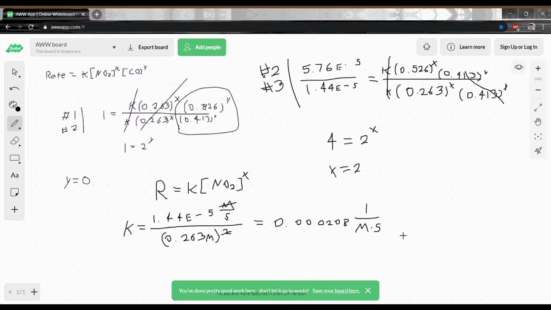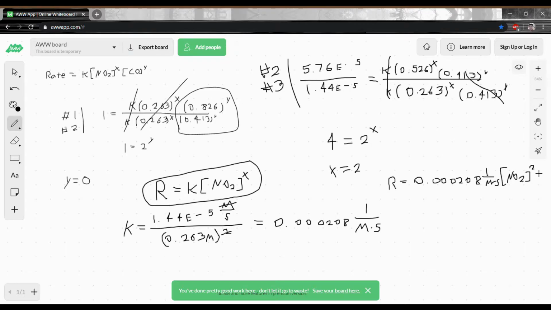We can use this to plug K in for this general equation, giving us that R is going to equal this absurd quantity, 0.000208 per molarity second, times the concentration of NO2 squared.